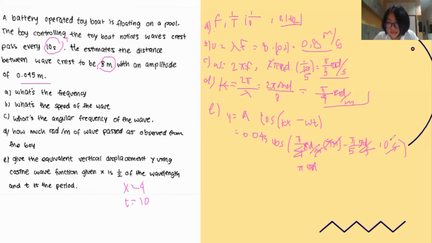Seconds and seconds will cancel. 10 and 5 will cancel, becomes 2. So pi rad minus 2 pi rad. Pi rad minus 2 pi rad will result in negative pi rad.